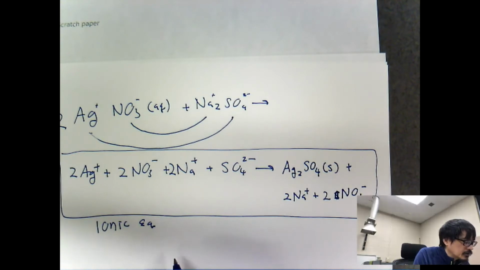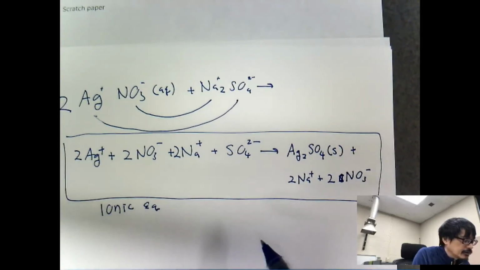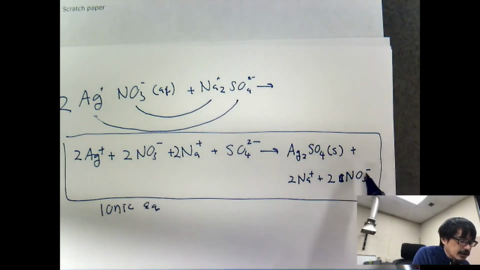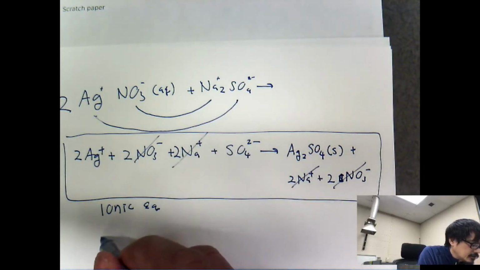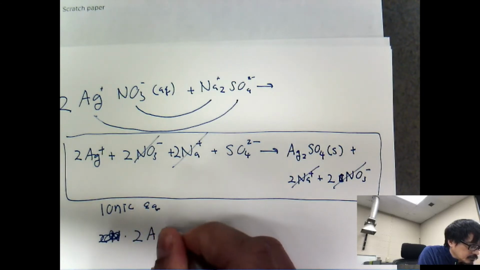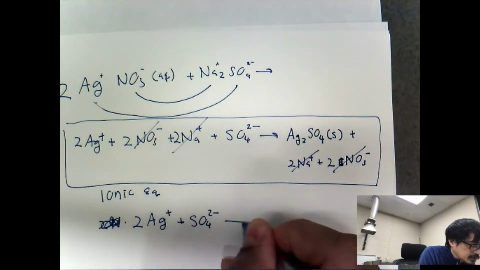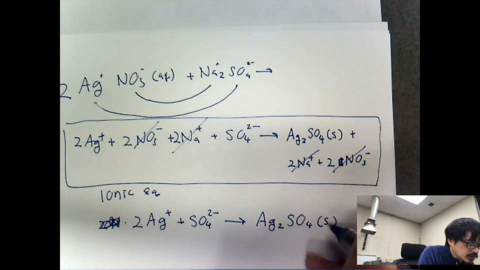And then what is the net ionic equation right here? You just need to cancel out some stuff, right? So you get this one, then for the net ionic equation, I can cancel NO3 and NO3, that one and that one, and then Na and Na, right? If I cancel those, then I get 2Ag plus plus SO4 2 minus becoming Ag2SO4 solid.